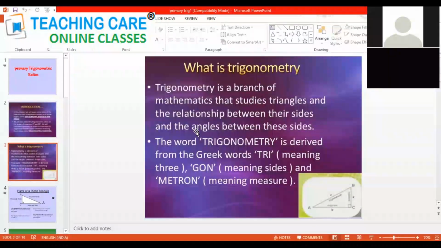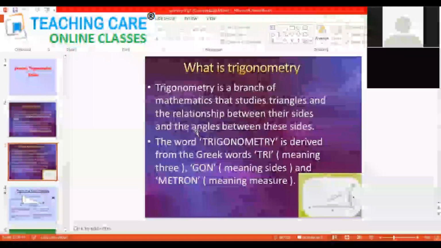These words joined to make it: tri means three, gon means sides, metron means measuring. In short, measuring the sides of a triangle. That's called trigonometry.